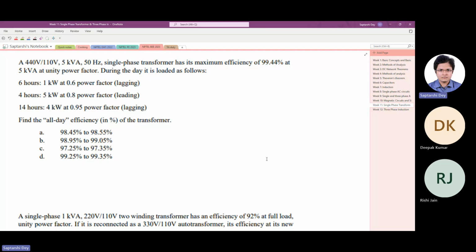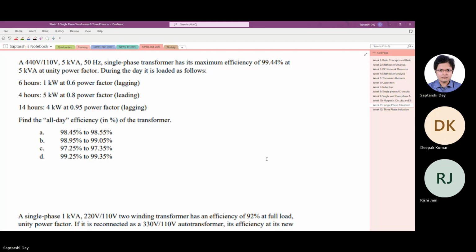As a result, the power transformers are always designed so that they operate close to their peak efficiency point. But the distribution transformer does not operate close to the rated load always, because it is supplying a locality. Daytime maybe some appliances are on but illumination load is off. Nighttime more illumination load, maybe after 9-10 p.m. ACs are on. So the power fluctuates a lot for a distribution transformer.